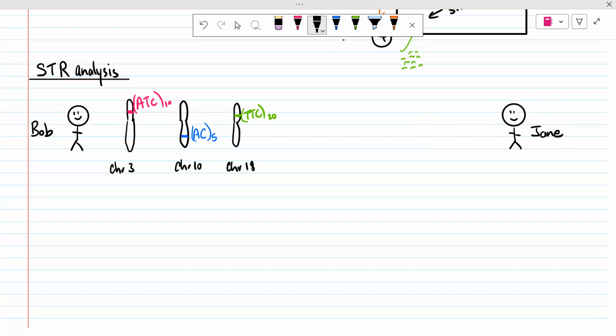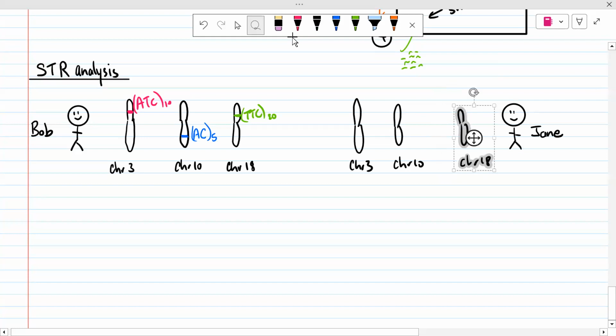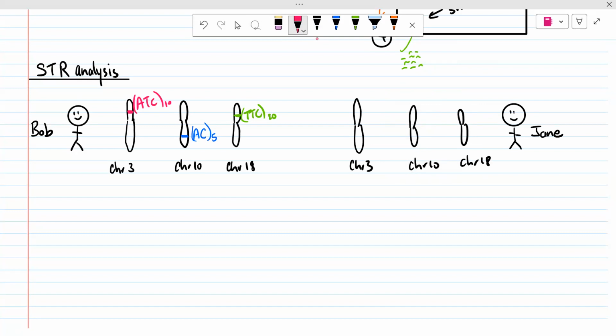And for Jane, we're going to look at the exact same chromosomes. The tandem repeats, the STRs, are going to be at the same spot. The only difference is the number of repeats might be different.